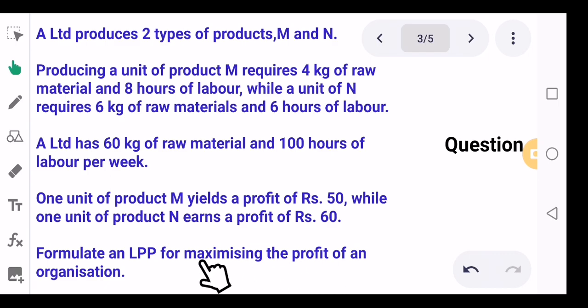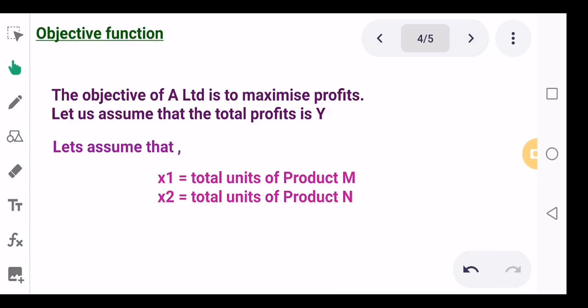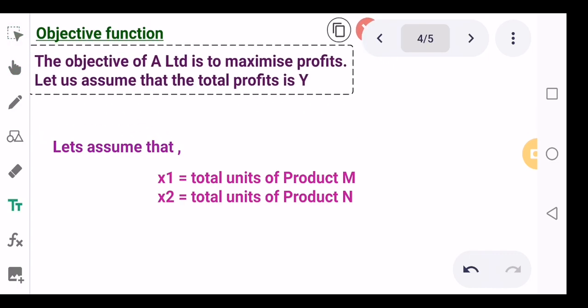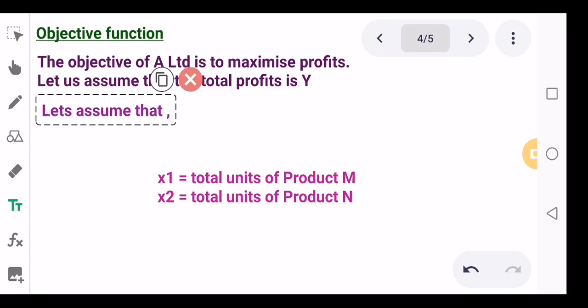For writing it in terms of an equation, we need to express certain things as x1, x2, y and all, so that we can formulate an equation. For now let us understand that the objective is to maximize the profit. So our objective function is, the objective of A Limited is to maximize profits.